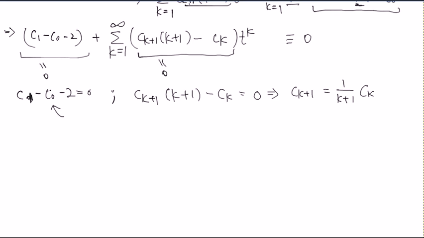Is that right? So if you know c0, that tells you what c1 is. Now if you know c1, that tells you what c2 is. If you know c2, that tells you what c3 is. If you know c3, this formula tells you what c4 is. So given c0, all the c_k are completely determined.